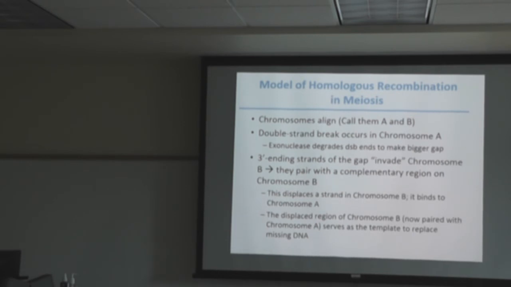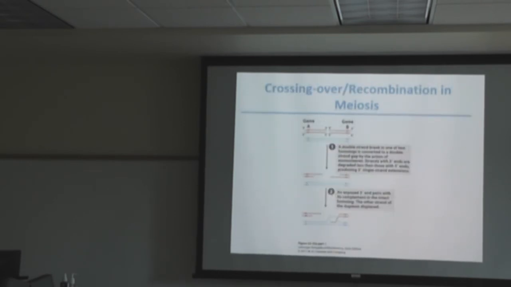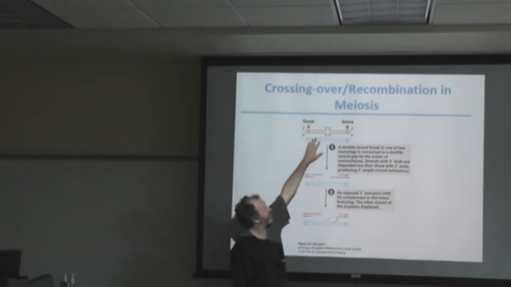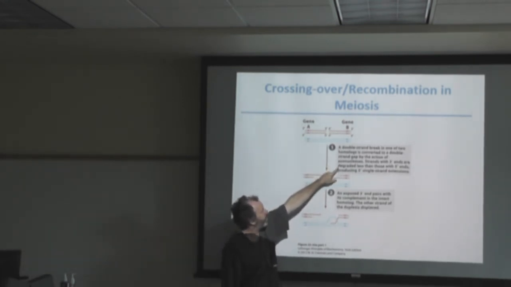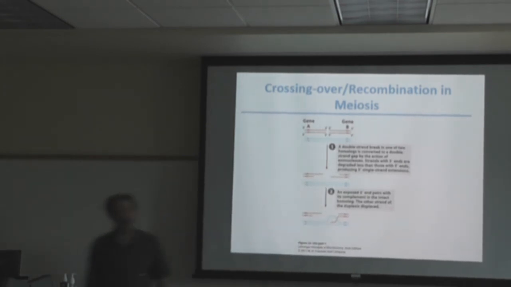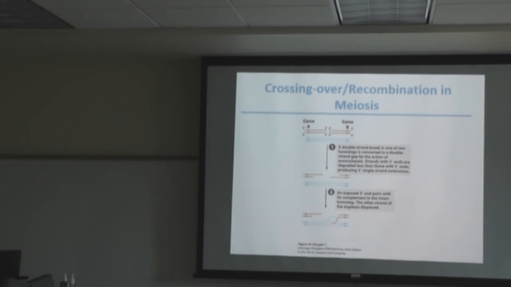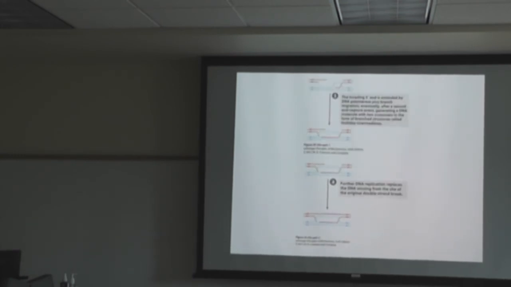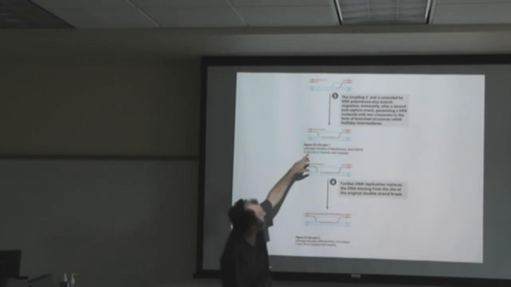And I guess the movie fits this model better. We have gene A and gene B. With homologous chromosomes, you get the double-stranded break in 1, and strand invasion again. The invading 3' end is extended by DNA polymerase plus branch migration.